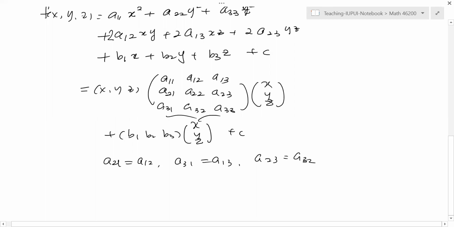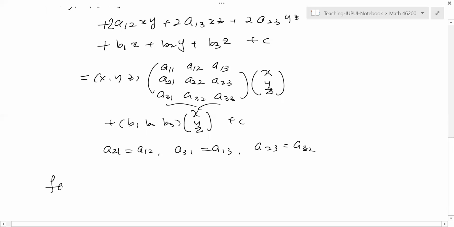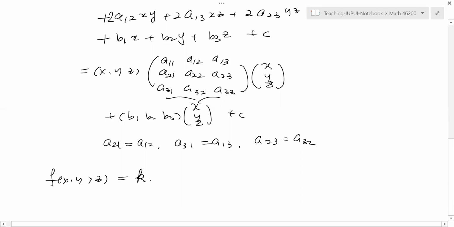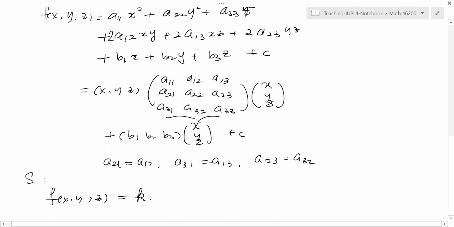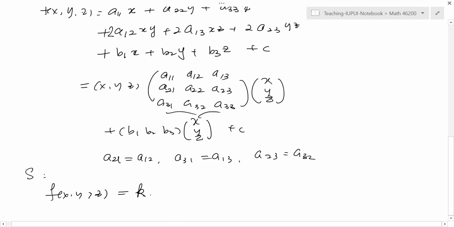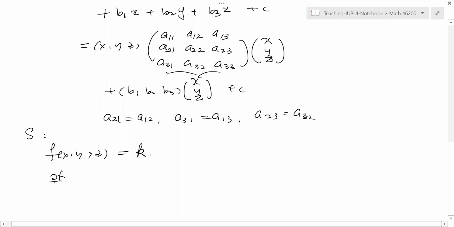So consider this to be k. You get the level surface determined by this equation. Then you have to check whether the gradient is going to be zero. If the gradient is not zero at those points, then it is a regular point, and if every point is a regular point, then it's a smooth surface.